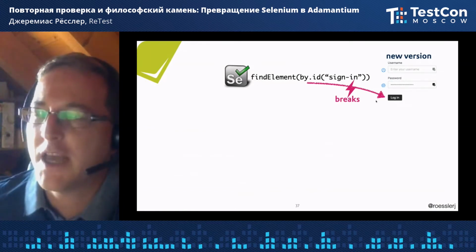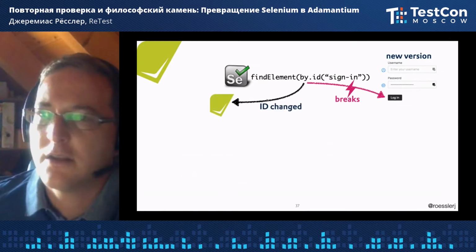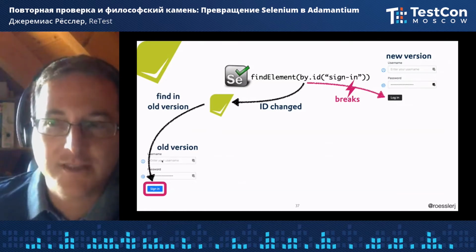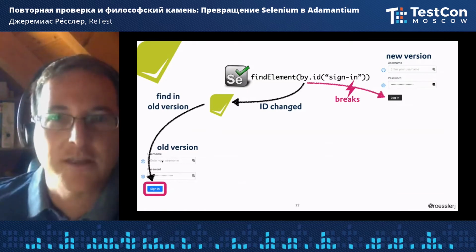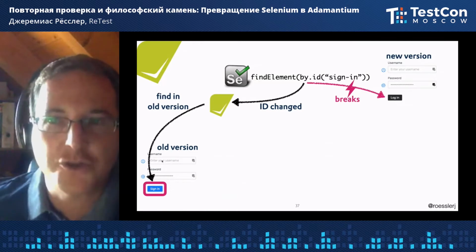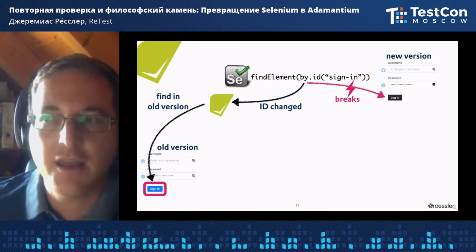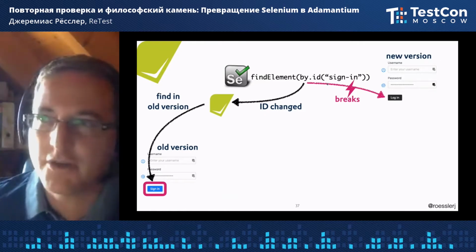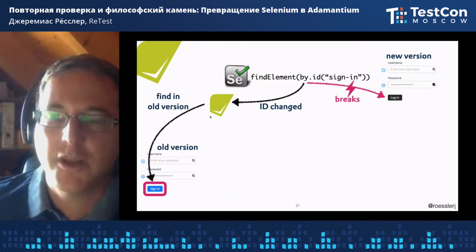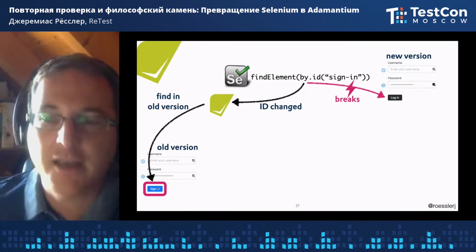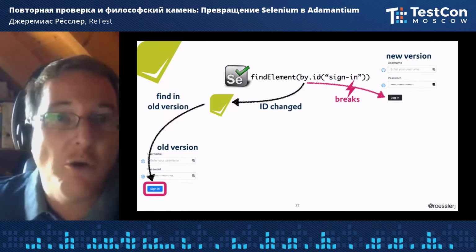If the element can't be identified by the ID, because the ID has changed, then what we do is create a copy of the website to compare against the new version. In our copy of the old version, we still have the old link, button, whatever, with the ID. So we can simply go to that copy of the website and find the element there by its old ID.